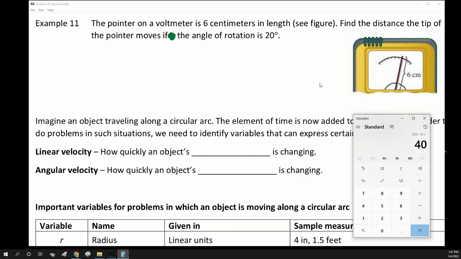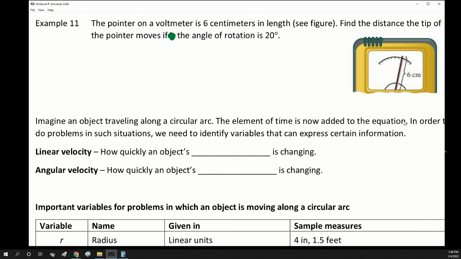All right, so this one, are we doing area or are we doing arc length? This is definitely arc length. So we're going to use the arc length formula. If we're finding the distance the tip moved, what we're trying to find is the s. But we need to make sure we change our angle to radians.